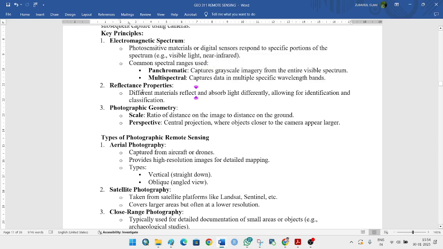And then we need to know the reflectance properties, and the photographic geometries. All these are the principles which we should know before we do photographic remote sensing.